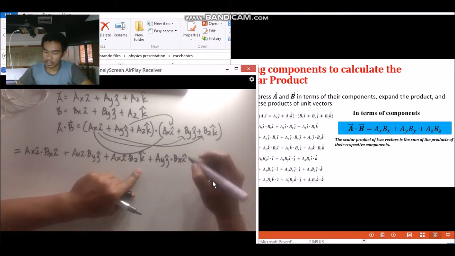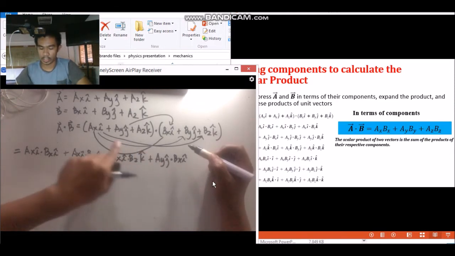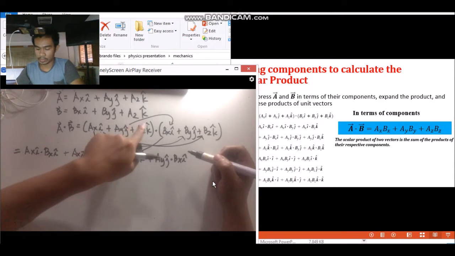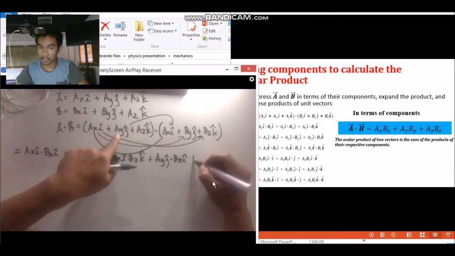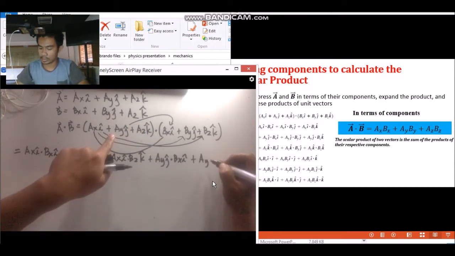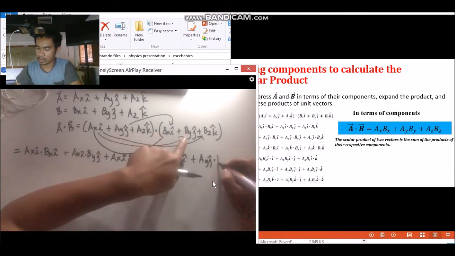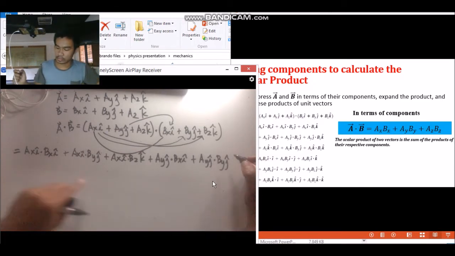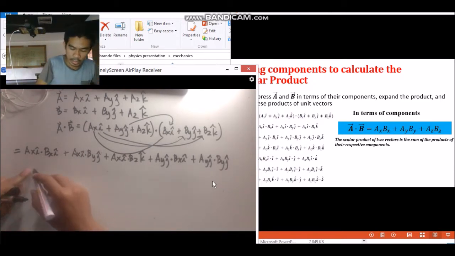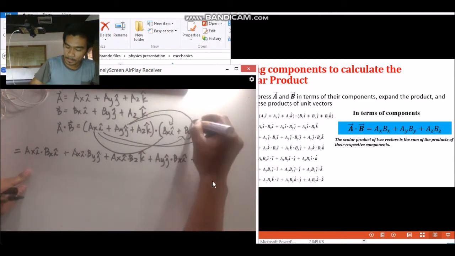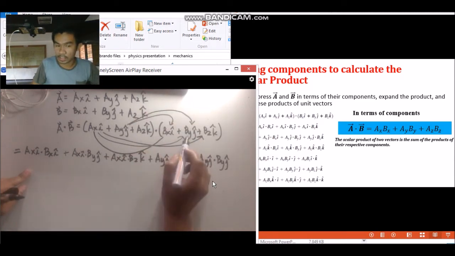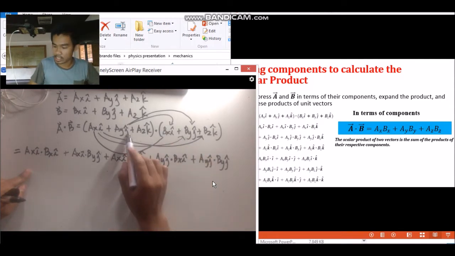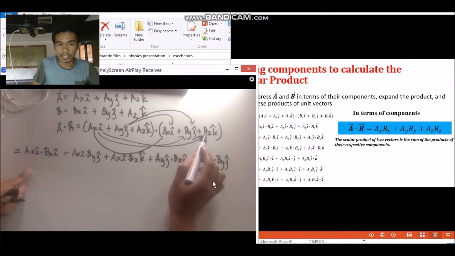Next is plus ay j hat dot by j hat. Next is ay j hat dot bz k hat.